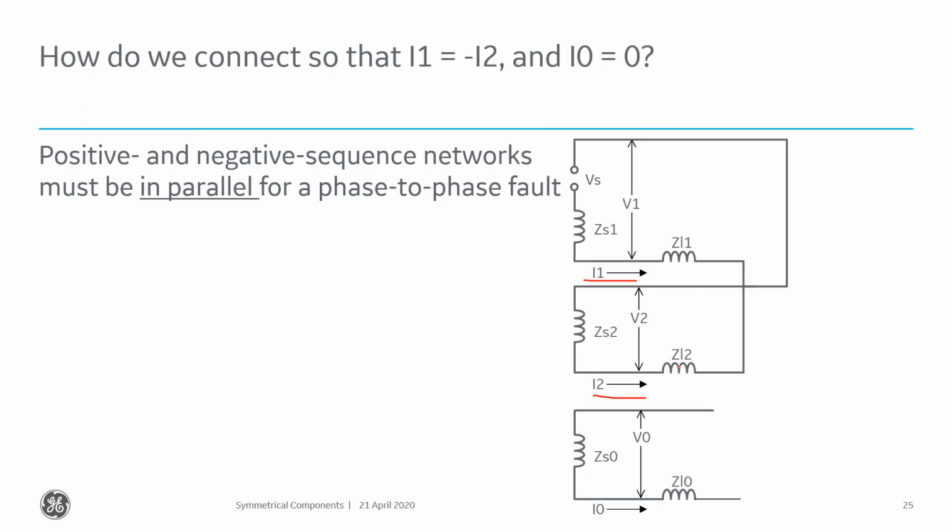That's why we see that I1 equals I2. So this is what the networks look like for a phase-to-phase fault. When I see negative sequence current equal to positive sequence current, with no zero sequence current involved, that immediately makes me think of a phase-to-phase fault.